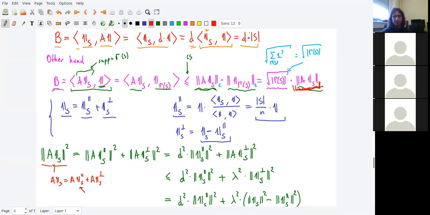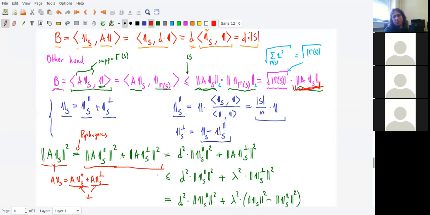Now observe that these two vectors are orthogonal to each other, because before the application of A they were orthogonal, and each of them is within one of two orthogonal eigenspaces of the matrix A. So A only acts in the direction of all ones here, and acts only in the eigenspace orthogonal to all ones here. So these two vectors are orthogonal, so I can use the Pythagoras theorem to say that this norm square is equal to this sum of squares.